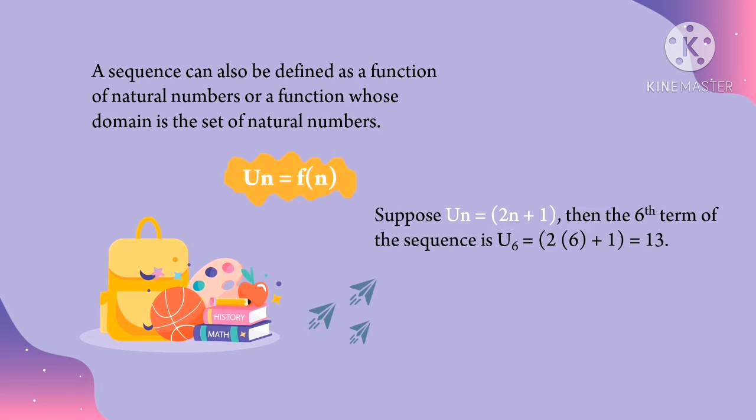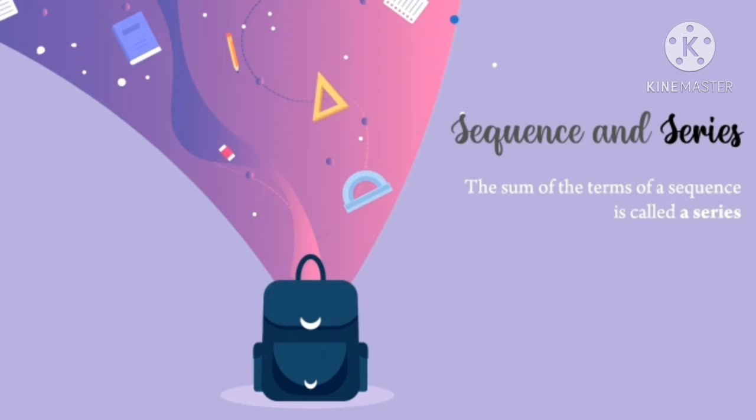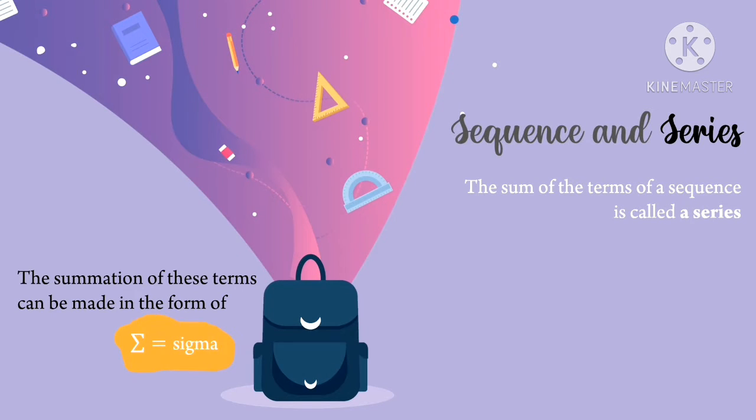Suppose un equals 2n plus 1, then the term of the sequence u6 equals 2 multiplied by 6 plus 1 equals 13. The sum of the terms of a sequence is called a series. The summation of these terms can be written in the form of sigma.